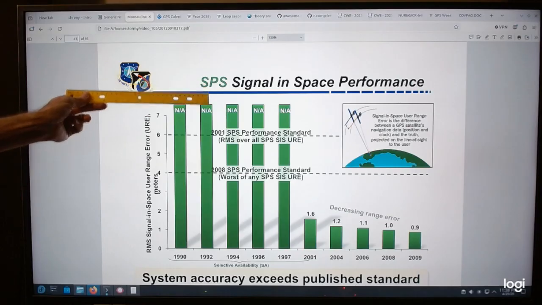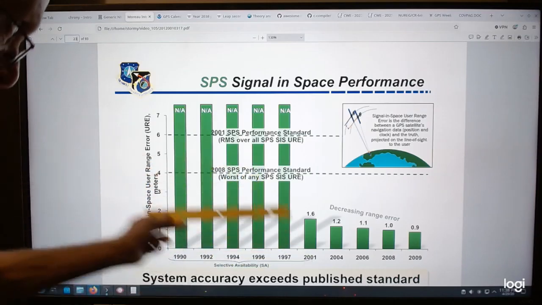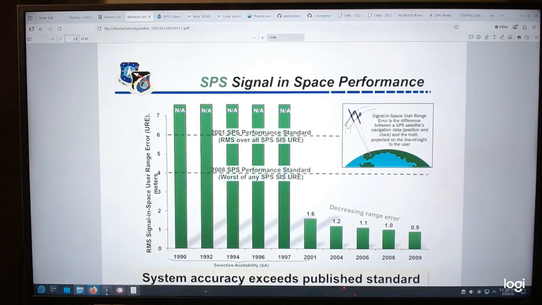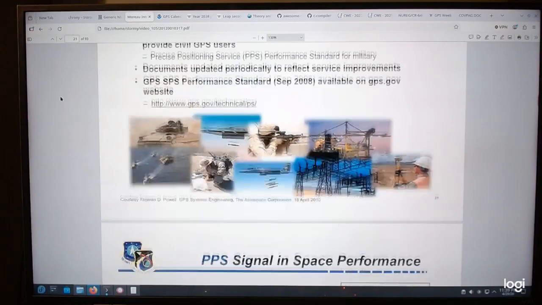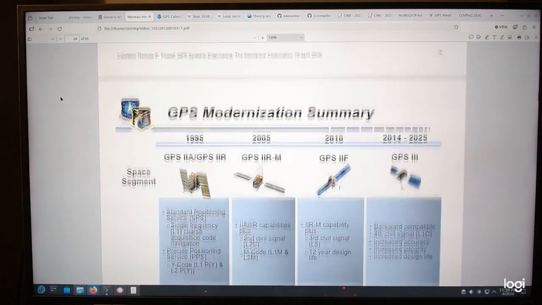They're talking about standard signal performance. Over time, it's gotten much better. Let me back up just up here. I wanted to show that chart right here. The receivers are getting better.